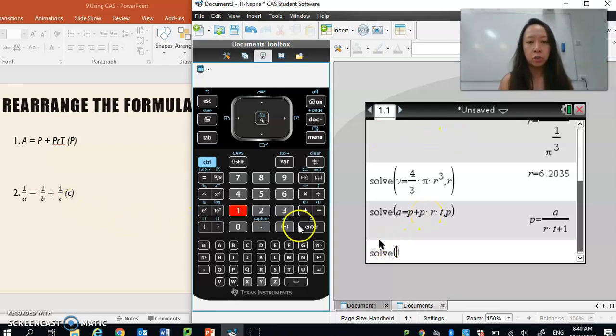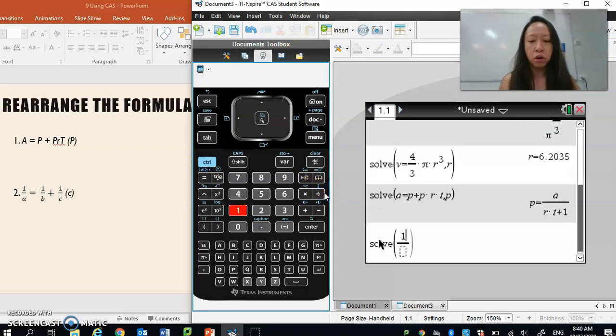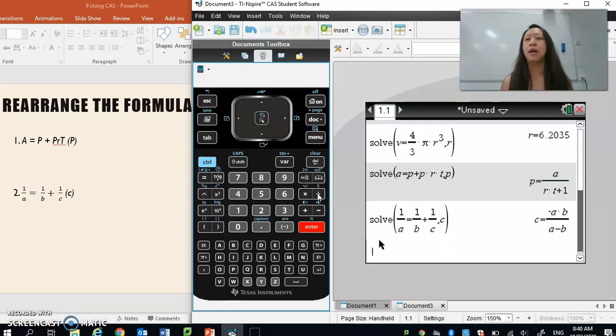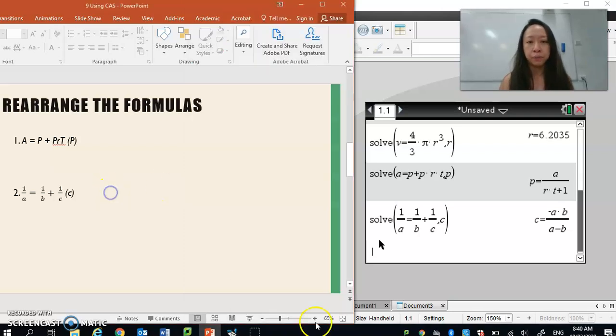In this situation, it's 1 over A equals 1 over B plus 1 over C. The pronumeral that I want to make the subject is C, so I'll put comma C, and you can see that the answer is straight away calculated.